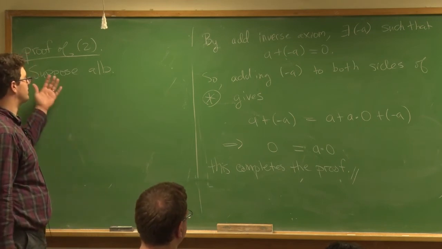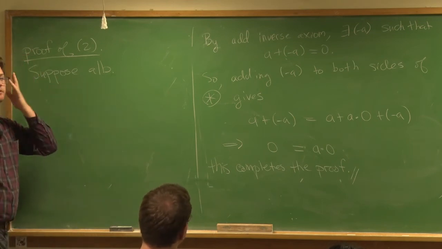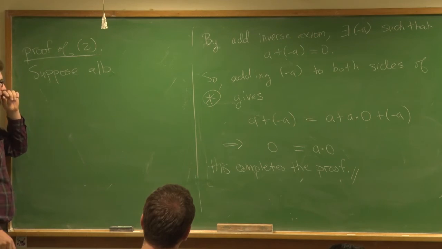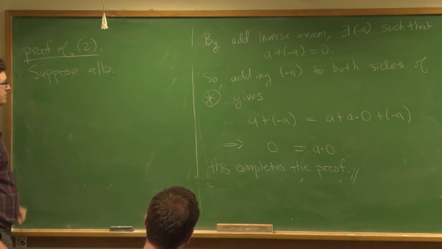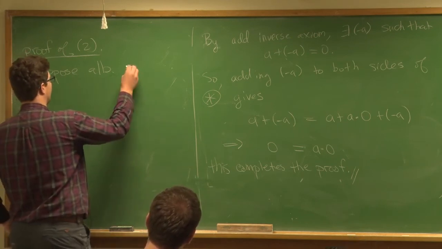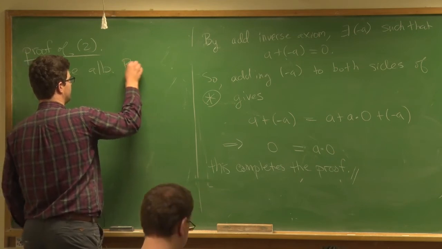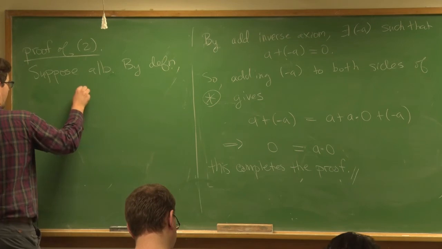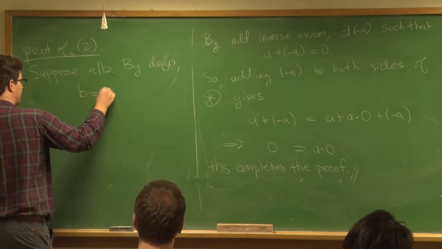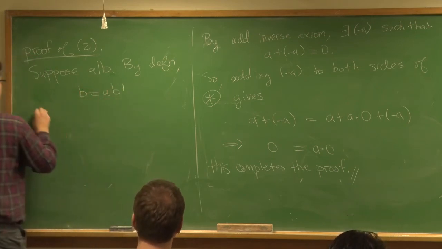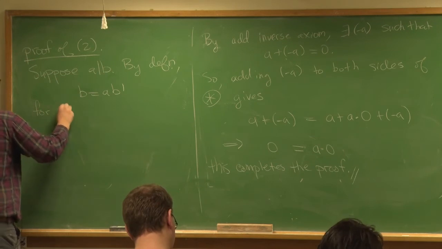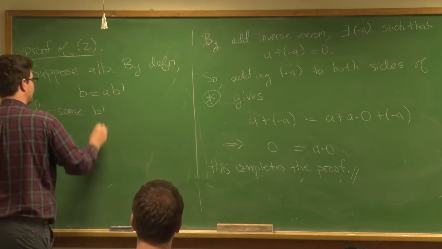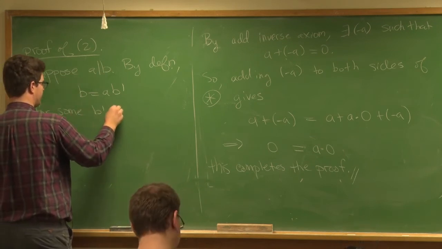So this is an implication, so we suppose this, and then we're going to conclude the result. Suppose A divides B. So, by definition, B is equal to AB prime for some B prime an element of R.